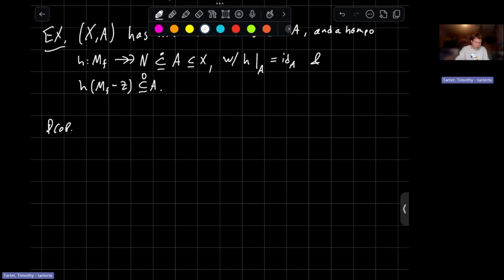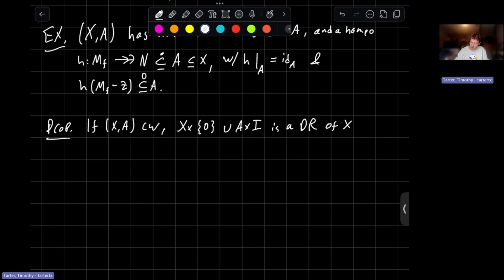So, proposition: if X, A is a CW pair, then X times 0 union A times I is a deformation retract of X times I. Hence, X, A has the homotopy extension property.